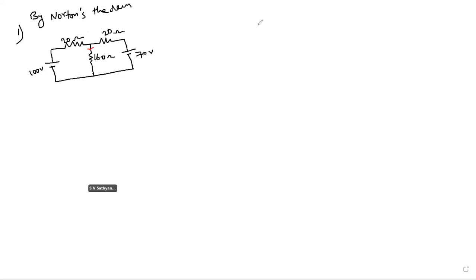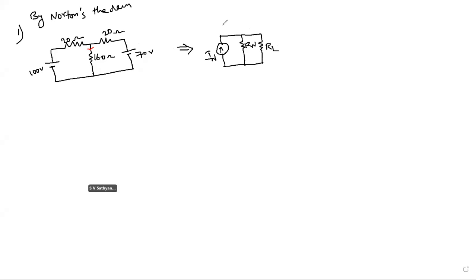Tell me the solution. What is the first step? We need to immediately draw the equivalent circuit of Norton's theorem: RL, RN, IN, and what they are asking, the current which is passing through 160.